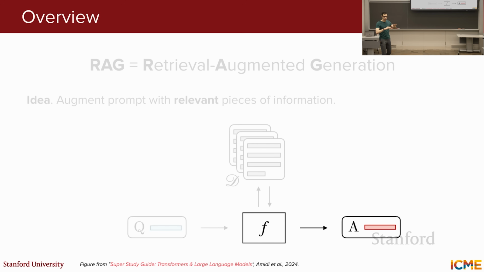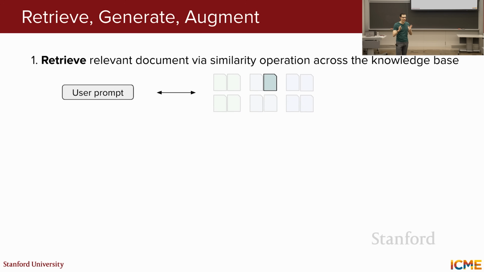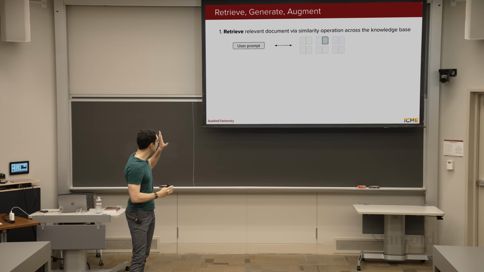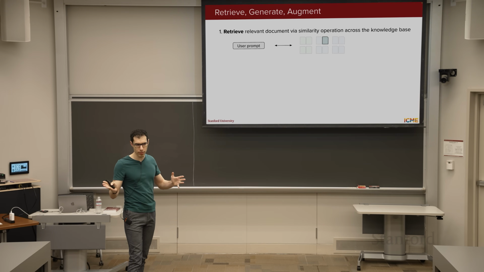What I mentioned is the rough idea, and here I just want to emphasize the three main steps of RAG. First, you have your prompt, and you somehow want to retrieve a relevant piece of information that will help you in answering it. So the first step is to retrieve relevant documents.